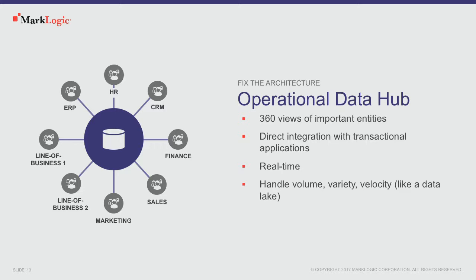A data hub is different from a data lake. It's different in a number of ways. With a data lake, you put all the data in. It's not necessarily indexed.